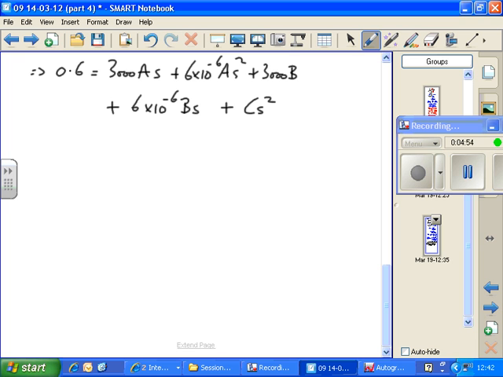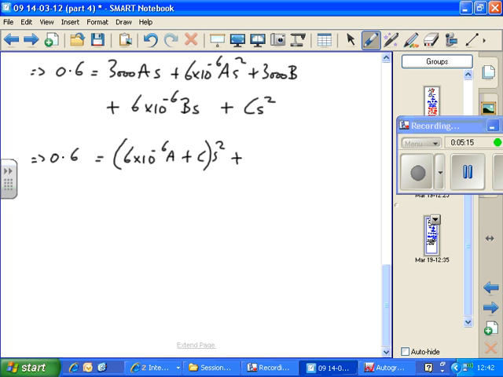Collecting terms involving S squared and S and so on, it equals 6 times 10 to the minus 6 A plus C, S squared.